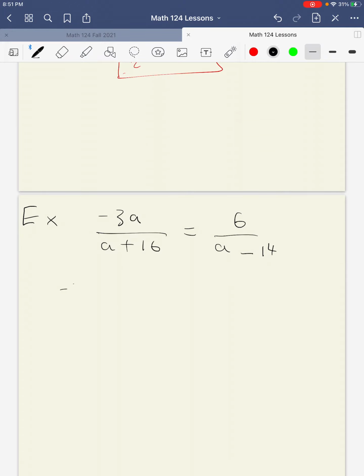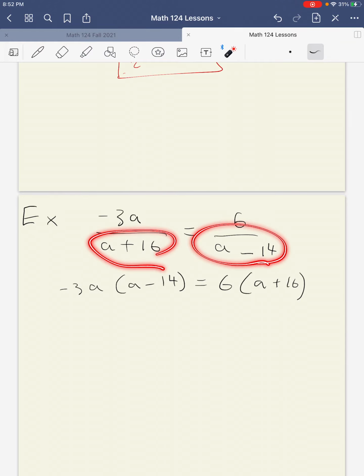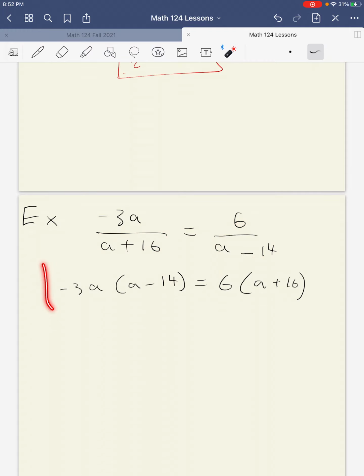So when we get the common denominator, or if you want to think about it like cross multiplication, we have the following expression here. Right, so if you cancel out the denominators, or if you cross multiply this out, we end up with this equation here. And now let's just multiply it through.